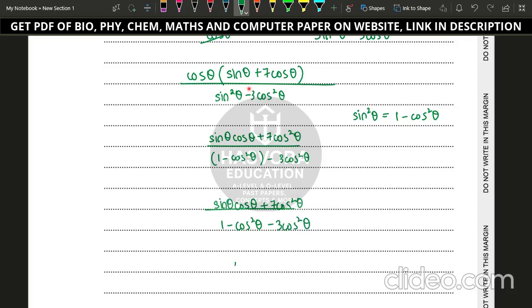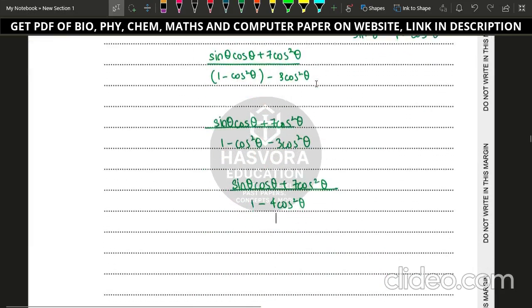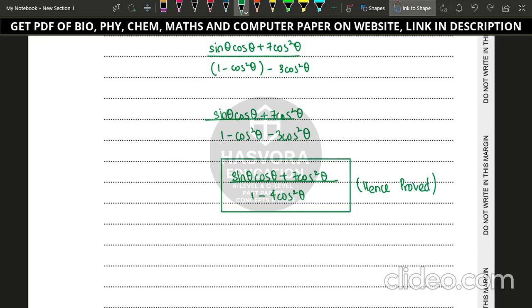This becomes sin theta cos theta plus 7 cos square theta, divided by 1 minus 4 cos square theta. So this was what we were actually requiring. Yes, we have proved this, hence proved. So this is going to be your answer for this question.